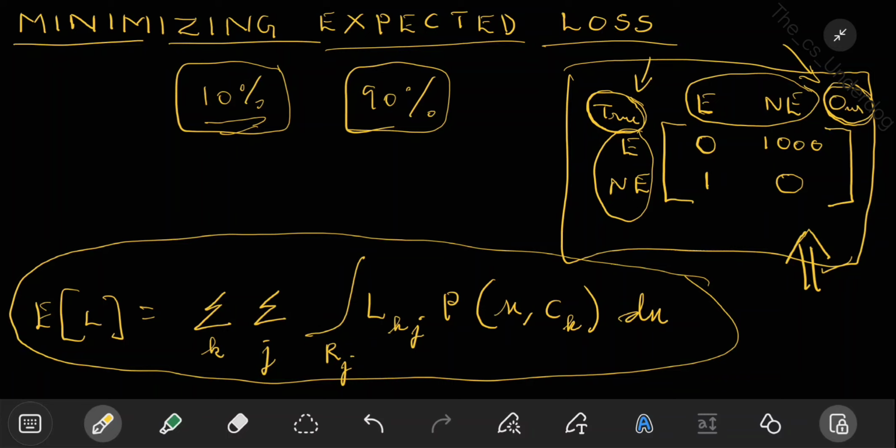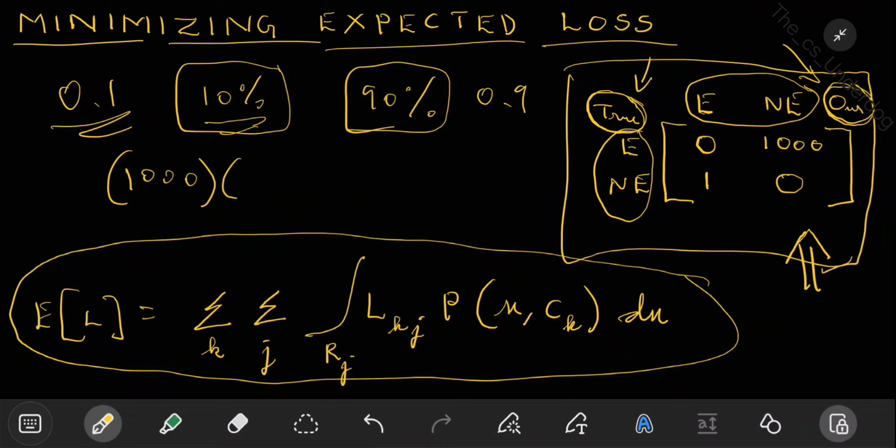If I put these numbers into it, 10% probability means 0.1, 90% probability means 0.9. With 0.9, I am saying that it is not an enemy, right? But in case it is an enemy, what is the loss? 1000 is the loss, right?